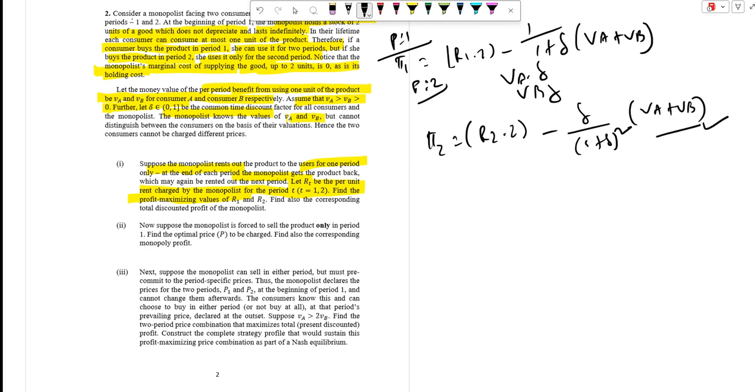So to maximize the total discounted profit, we need to maximize the sum of the discounted profits over both periods.